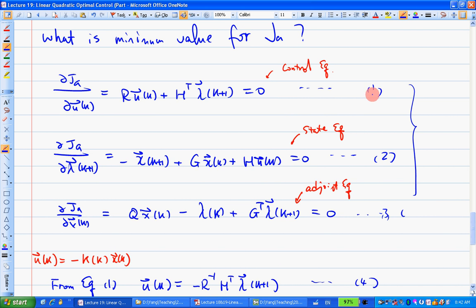This time we're going to make use of equation number 1. See, this is equation number 1 here, right? So we can take the transpose of equation number 1 on both sides.